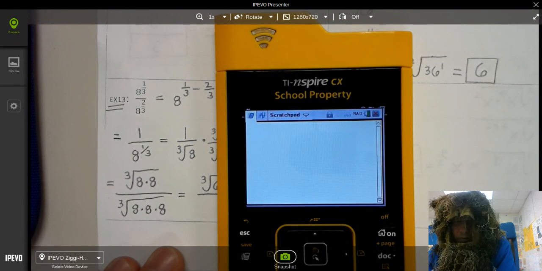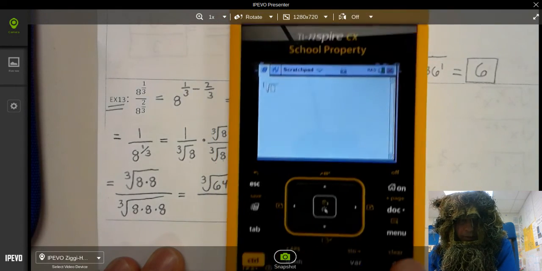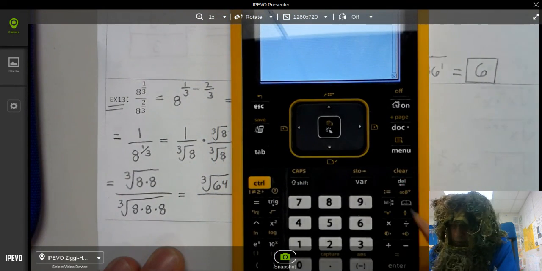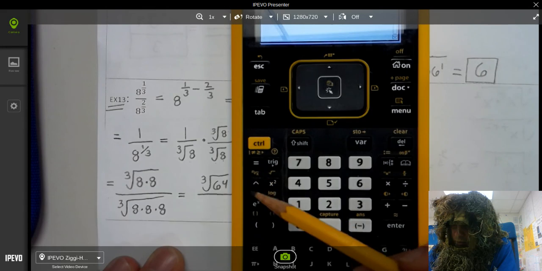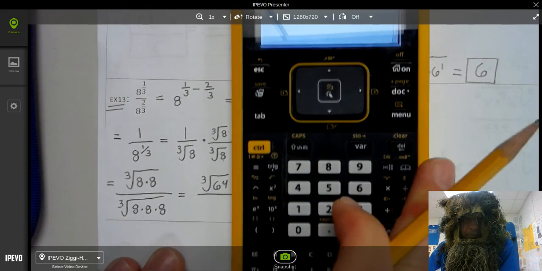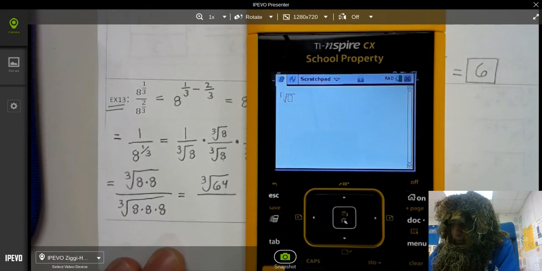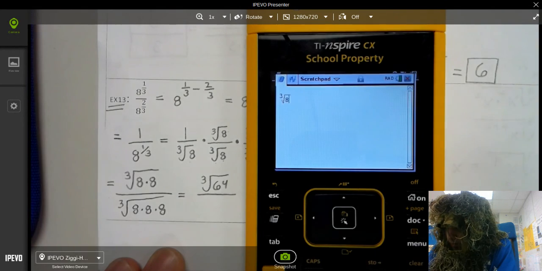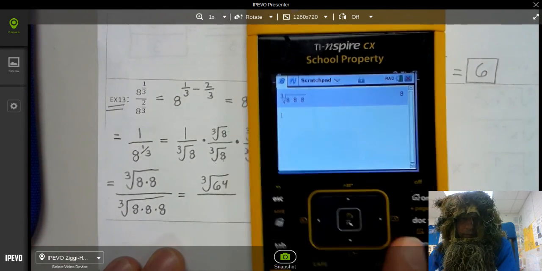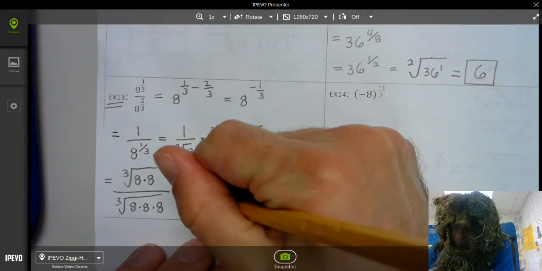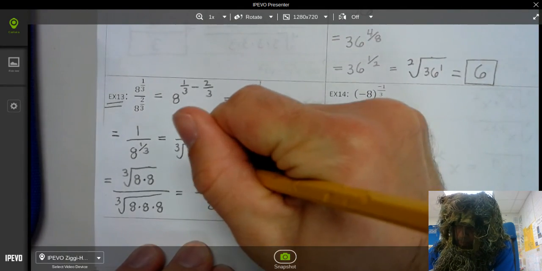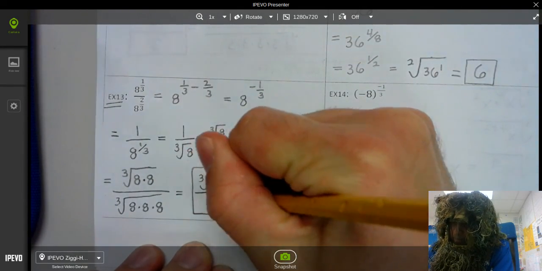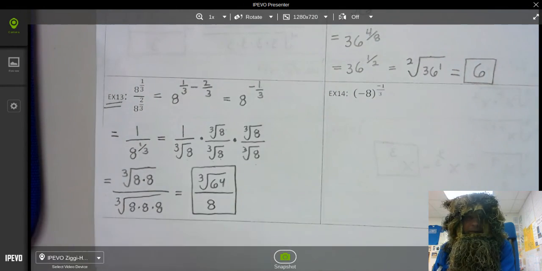So control, top. And to get that power, basically, what I'm doing is pressing control, this button right here. All right, so that's the cube root of 8 times 8 times 8, which you'll see is 8, which is simplified.